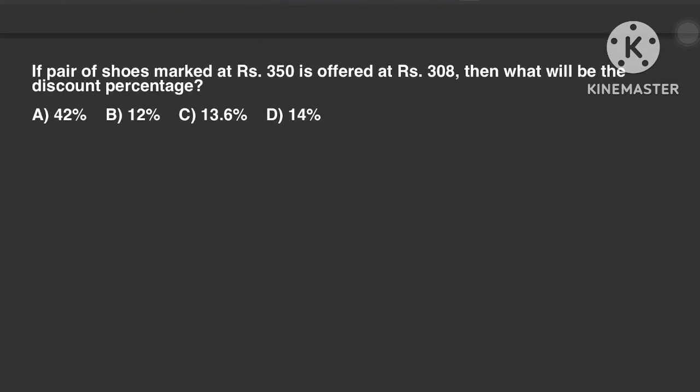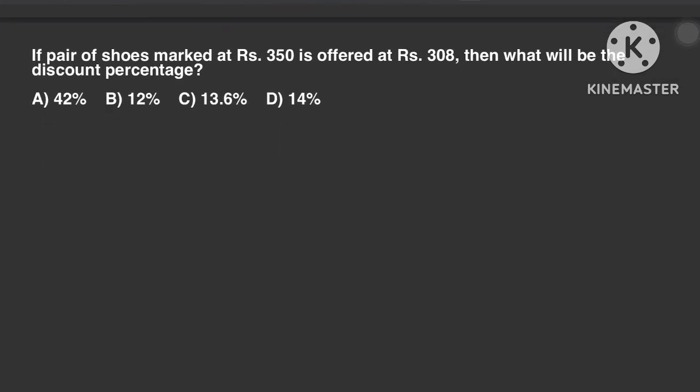Next we have, a pair of shoes marked at rupees 350 is offered at rupees 308, then what will be the discount percentage? Okay, the selling price is 308, so what will be the discount percentage?